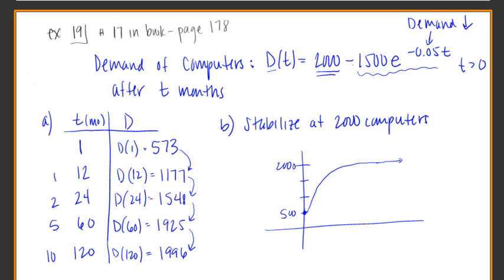And you can see that by plugging it in. And how I got that 500, a typical y-intercept: when you want to find the y-intercept, I just plugged in 0 for t. So y is equal to 2,000 minus 1,500 e to the negative 0.05 times 0. Well, that just takes that all away because that's just a 1. So 2,000 minus 1,500 was 500, and that's how I got that initially.